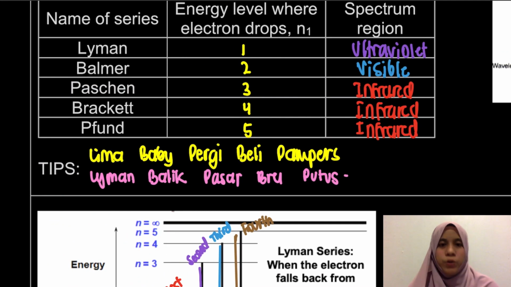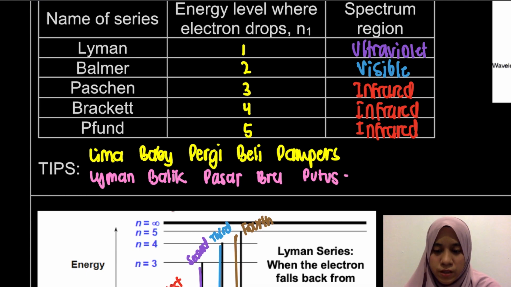There are 2 tips: "5 baby pergi beli pampers", or "Lyman balik pasar, break ke bra putus". It is up to you which one you are comfortable with, just to make sure you remember the ground state for the given series. You also must know the spectrum region itself.